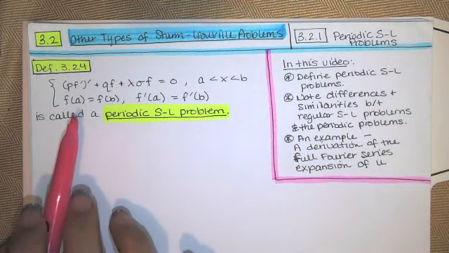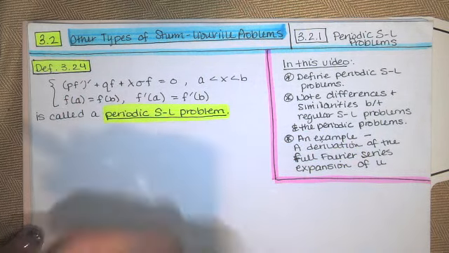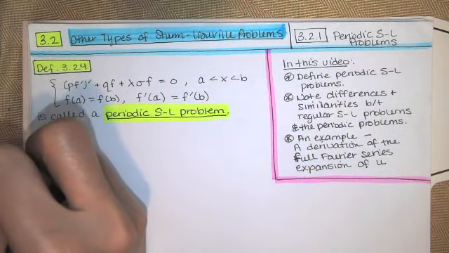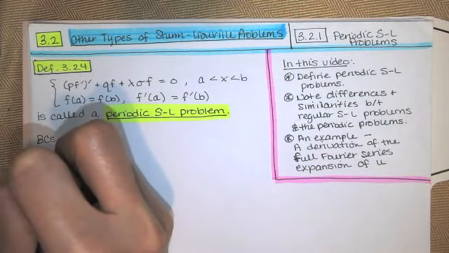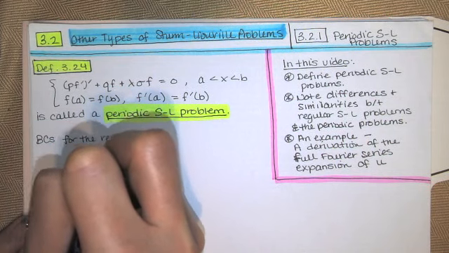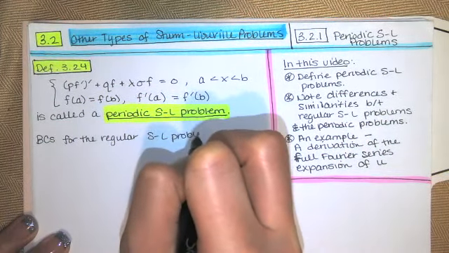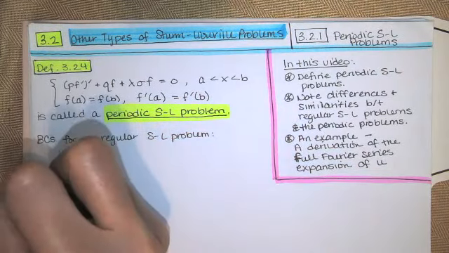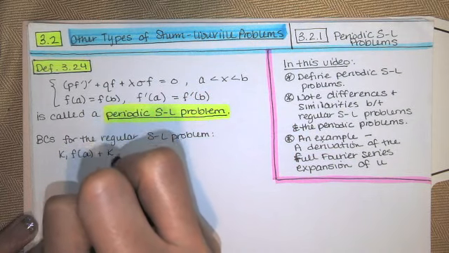Now I want you to notice the difference between these boundary conditions and the boundary conditions for the regular Sturm-Liouville problem. So the boundary conditions for the regular problem look like this.